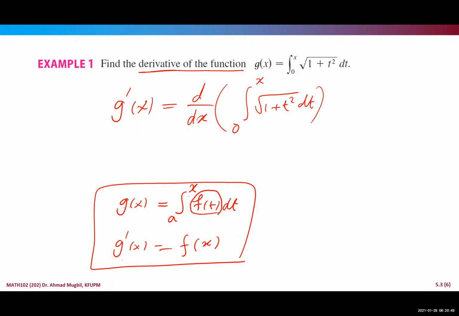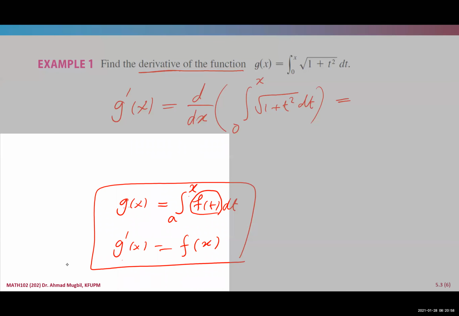So this is equal to what, Muhammad? Of course, let me finish this. This is f of t. Just look at this, compare this with this, Muhammad.